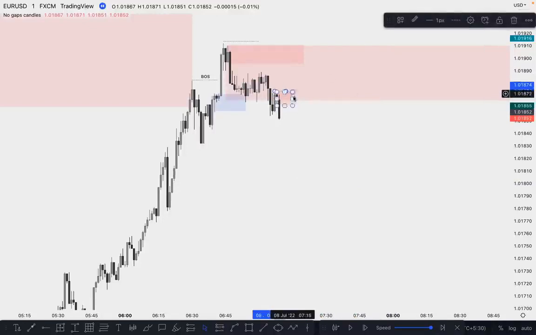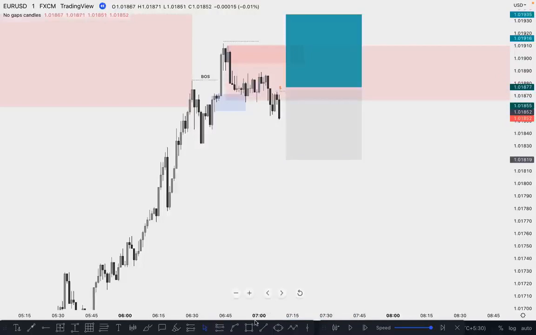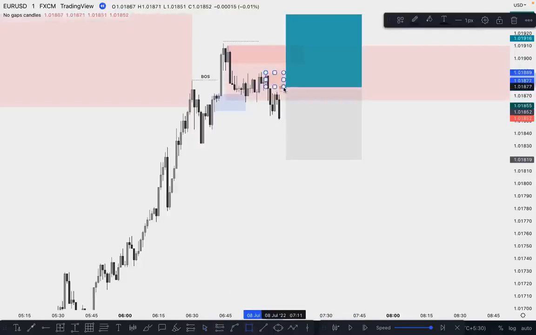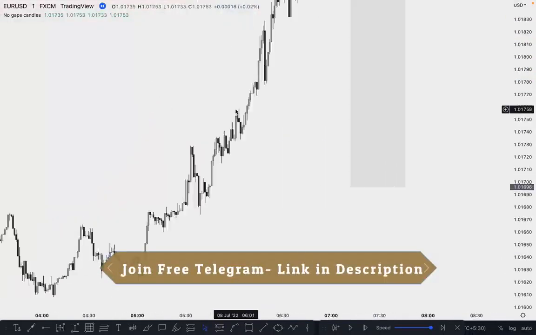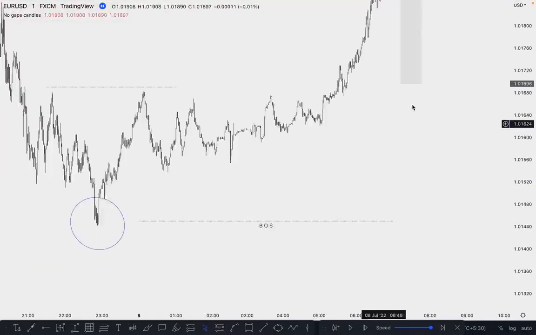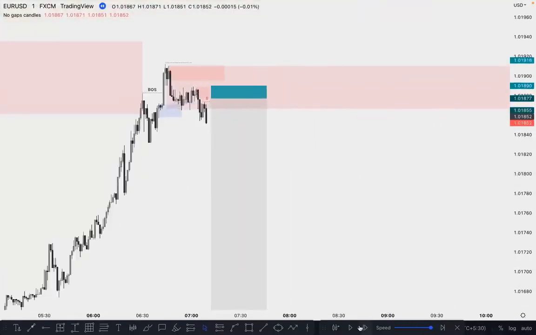We can sell above it on this order block at this point, put the stop loss just above it and the target below it on the M15 major low, which is here. And let's see what happened next after this.